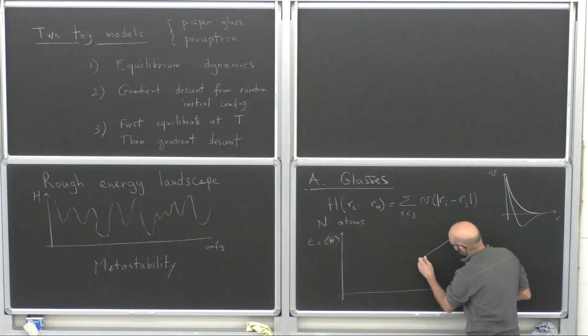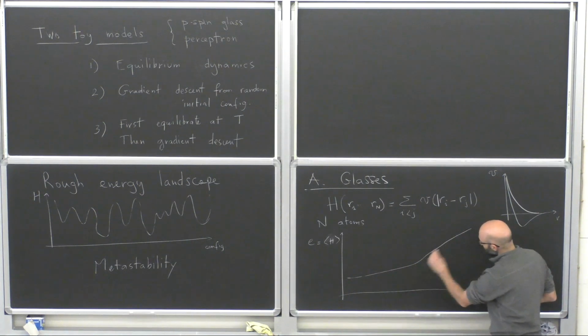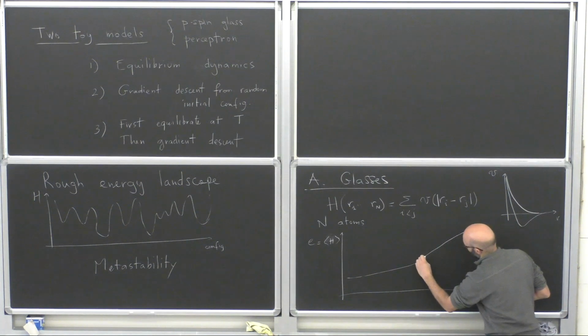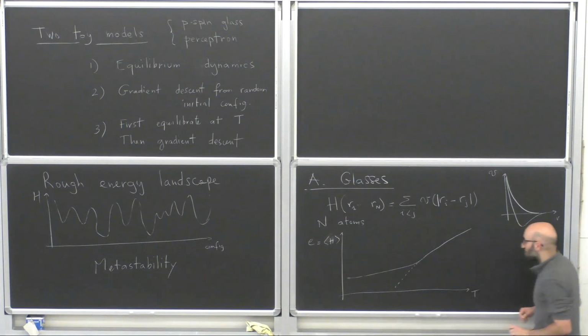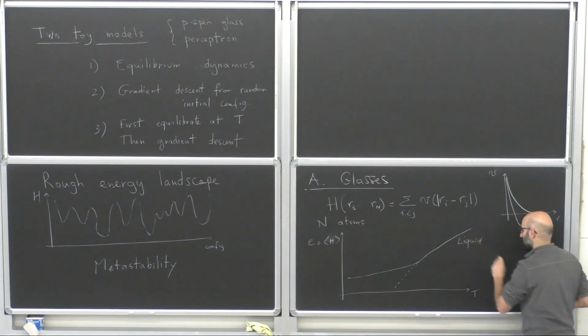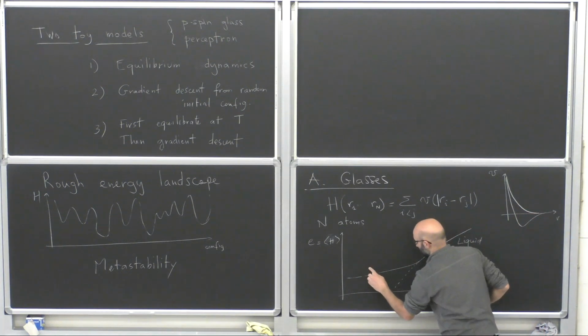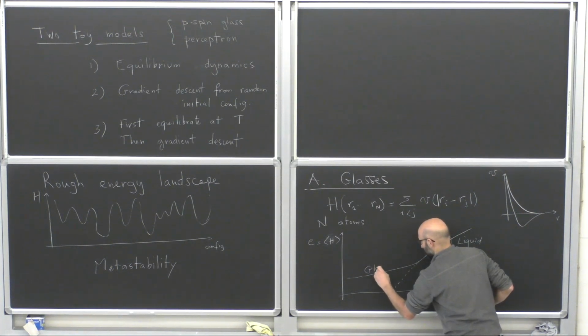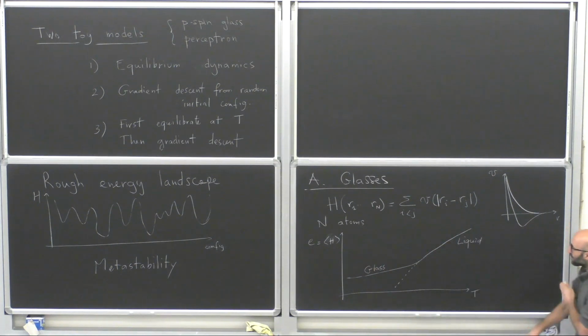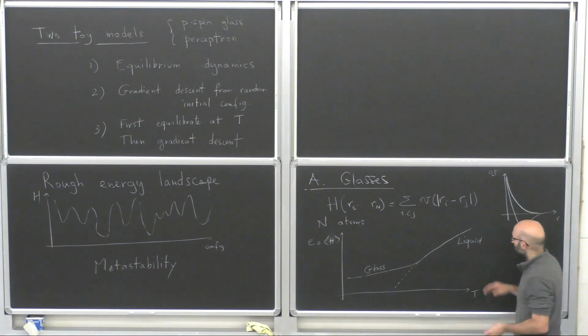And typically what you observe there is a change in behavior. So you have some energy-temperature curve for the liquid. And then at some point you get a different behavior for the glass. Now, the point is that if you do it again, but for example, you cool your glass at a different speed, you get a different curve.